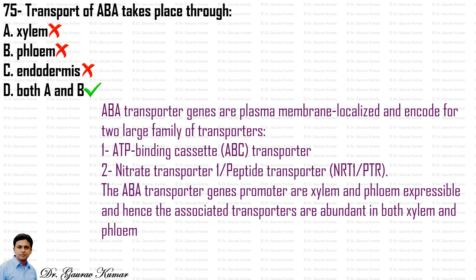The ABA transporter gene promoters are expressed in xylem and phloem. That is why they are transported through xylem and phloem, because their gene promoters are highly expressed there, and hence the associated transporters, ABC transporter and NRT1 PTR, are abundant in both xylem and phloem.